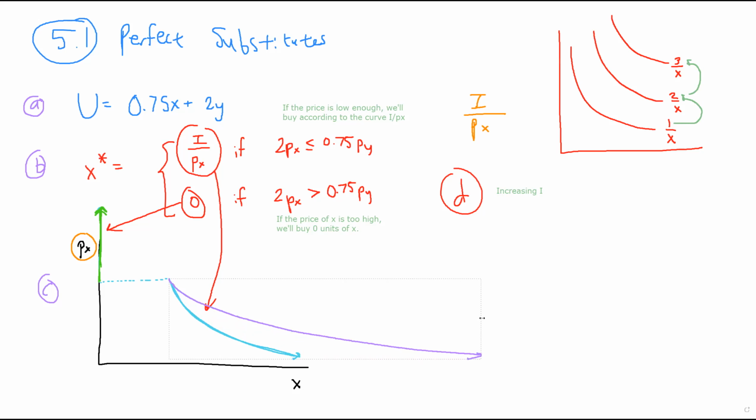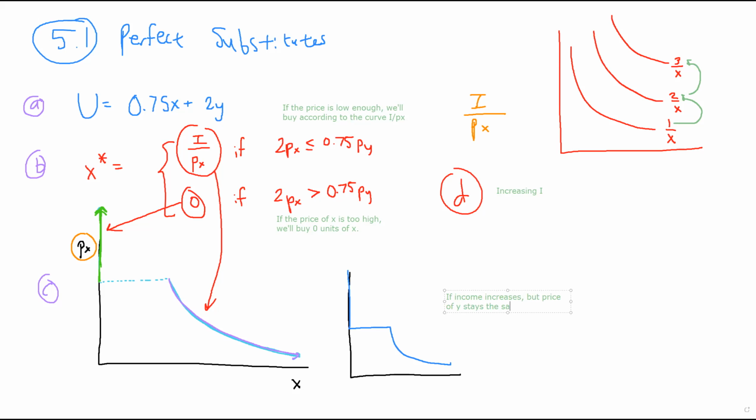That's what would happen. So here's what would happen. Let's say the initial graph looks like this. If income increases, but price of Y stays the same, here's the new graph.